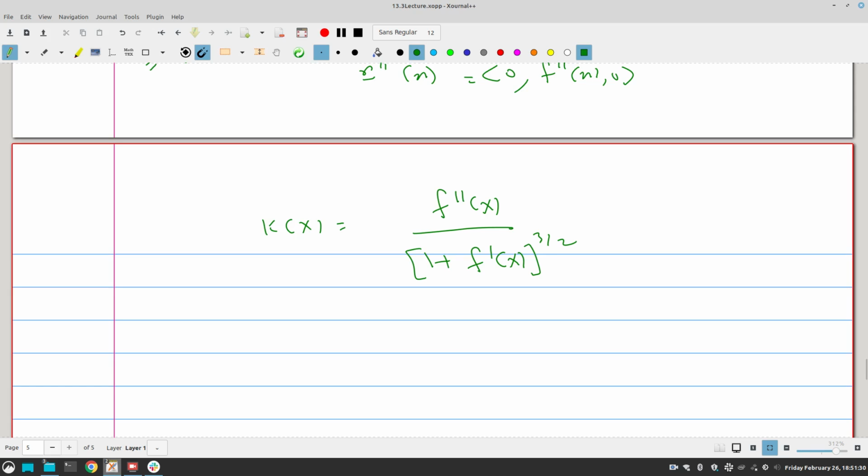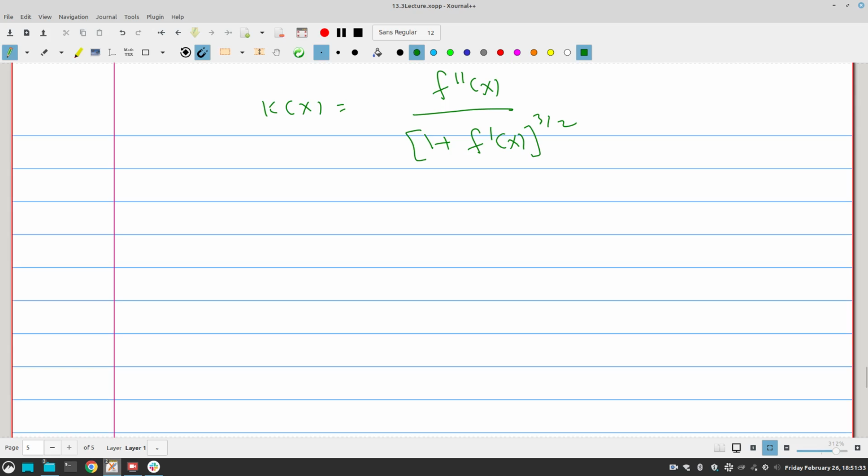As in, if a vector has constant magnitude, then it is orthogonal to its derivative. So since T of t has magnitude 1, T of t dot T prime of t equals 0, as in they are orthogonal. The normal vector N is perpendicular to T of t.